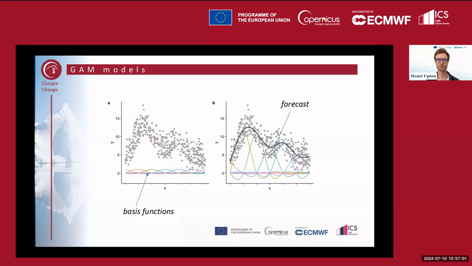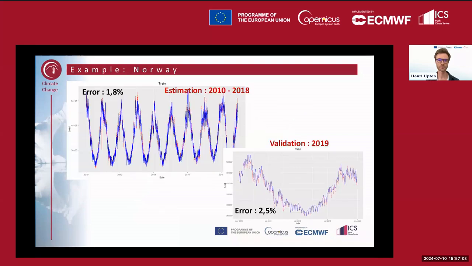And at the end, we do this for each country. So for example, for Norway, we have a very low error. We split the data into two sets: a training set first to train the model, and then a validation set to test the model to see if the model performs well on unseen data.